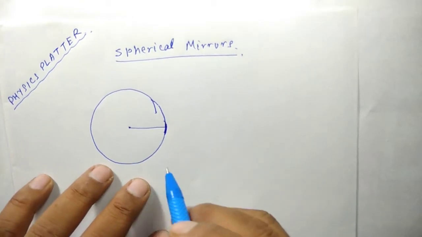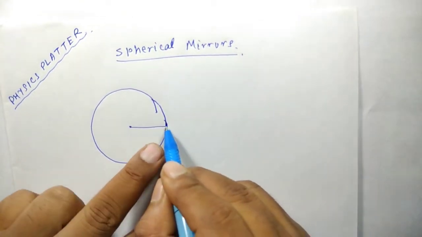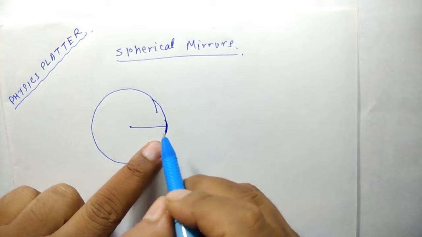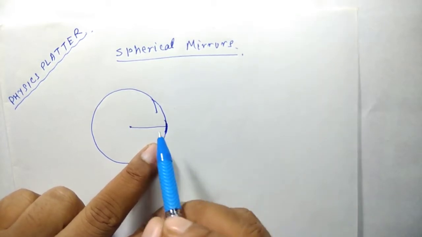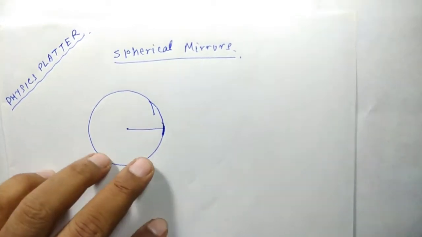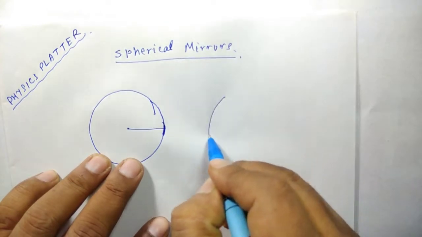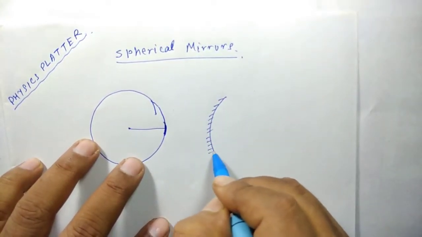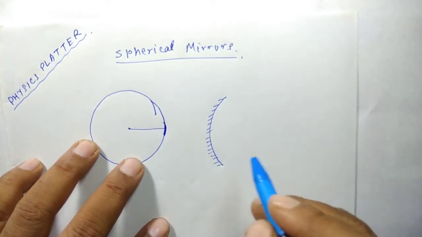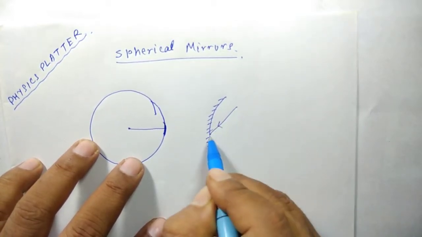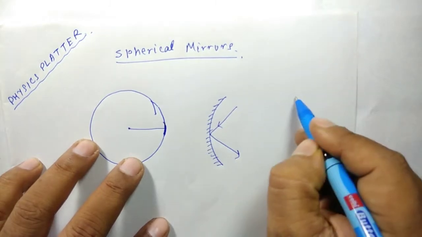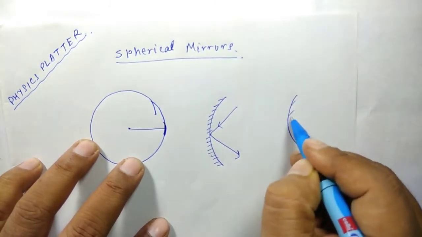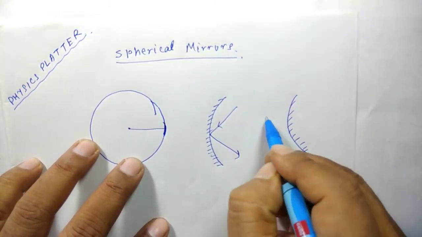Now, because the curvature that we took out has two surfaces, we can make any of the surfaces reflecting. For example, we can make the inner surface of the curvature reflecting, or we can make the outer surface of the curvature reflecting.